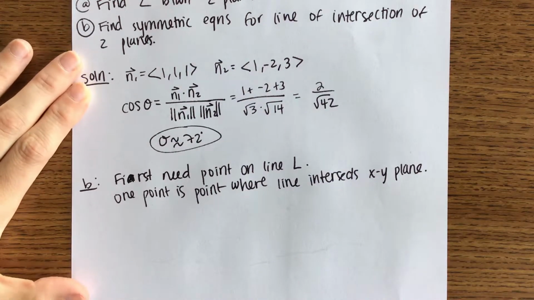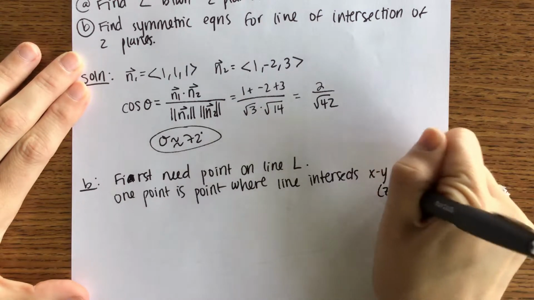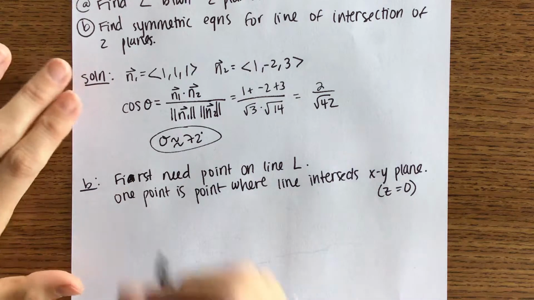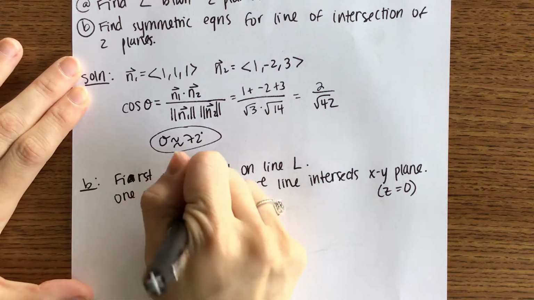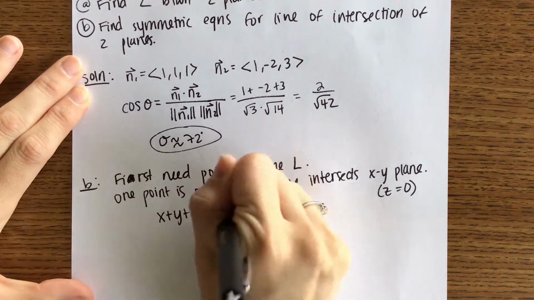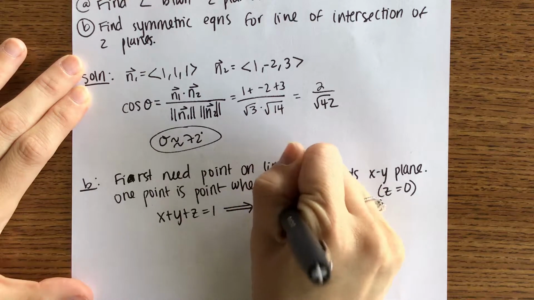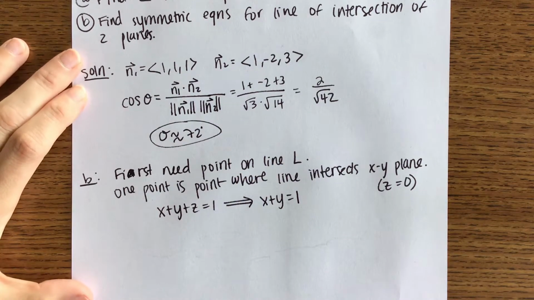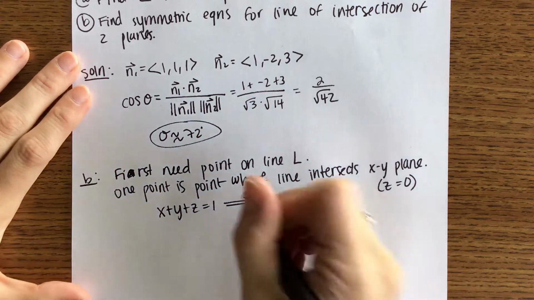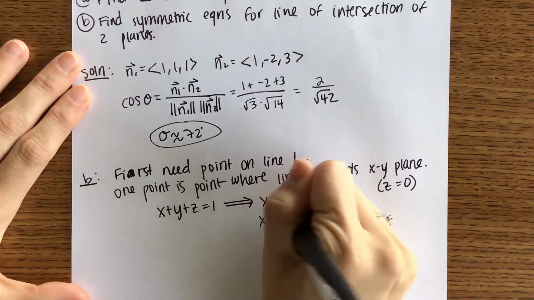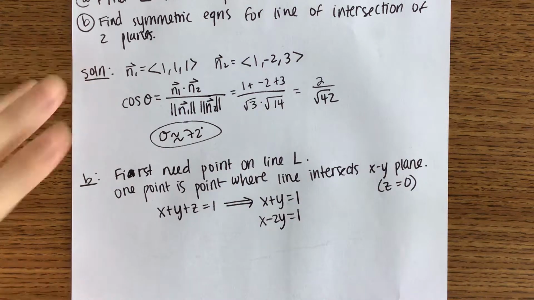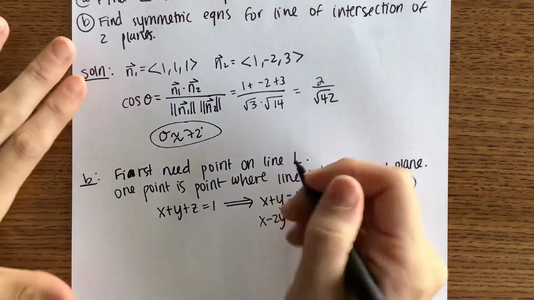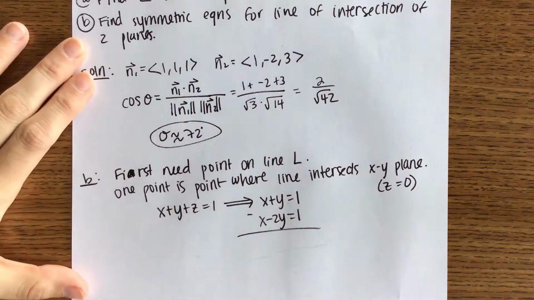We did an example like this yesterday. XY plane means that z is going to be 0. So when z is 0, that first equation, x + y + z = 1, becomes x + y = 1. Likewise, in the second plane, if we set z to be 0, we get x - 2y = 1. Okay, I'm going to subtract the two equations.